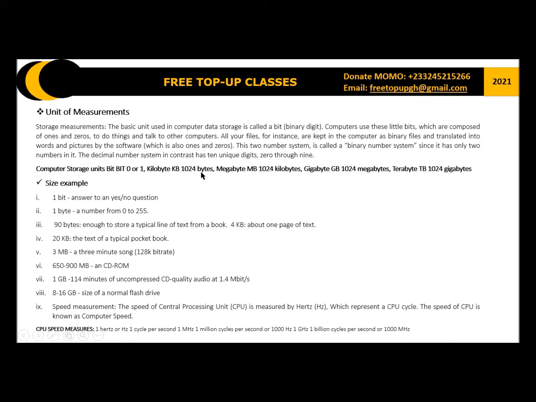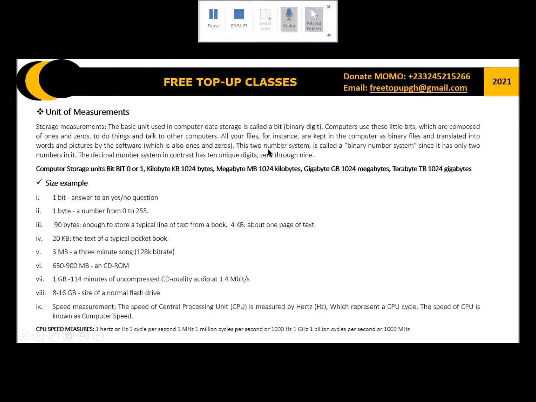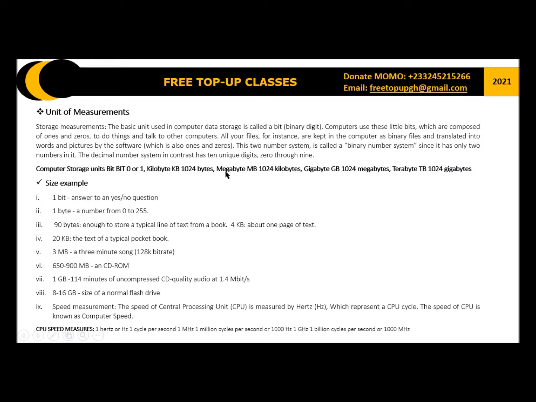I think this could be clear, right? Then when we come to the megabyte, it is 1024 kilobytes. A gigabyte is 1024 megabytes. And what will be the terabyte? A terabyte will be 1024 gigabytes. So that's how it works.